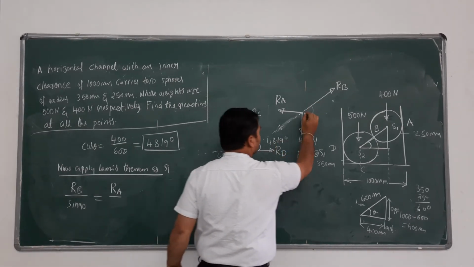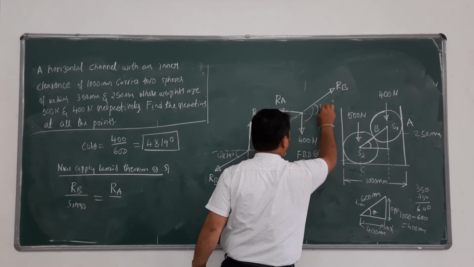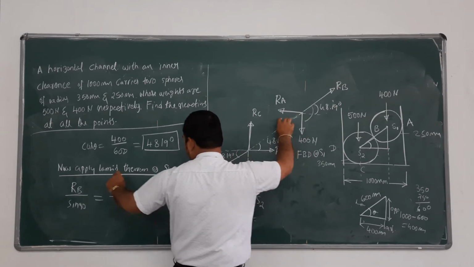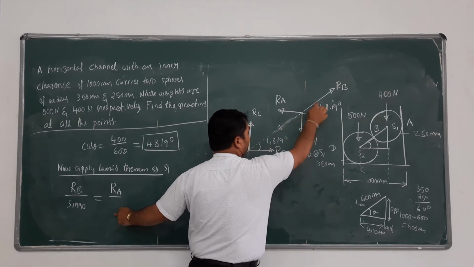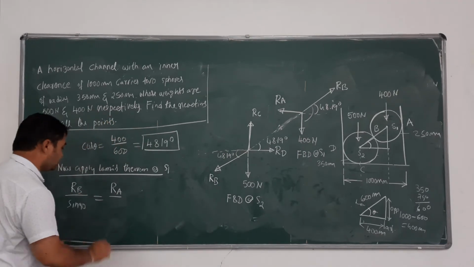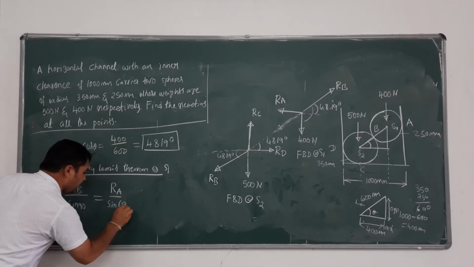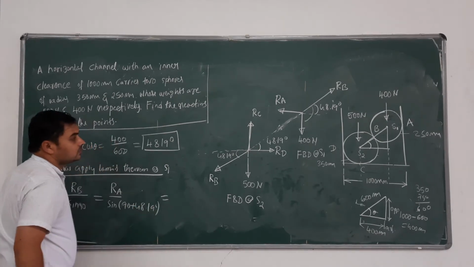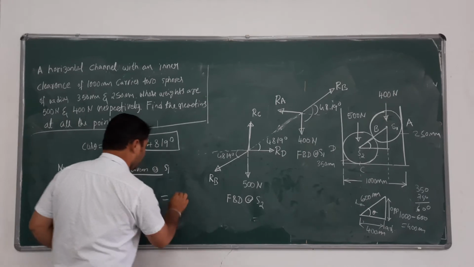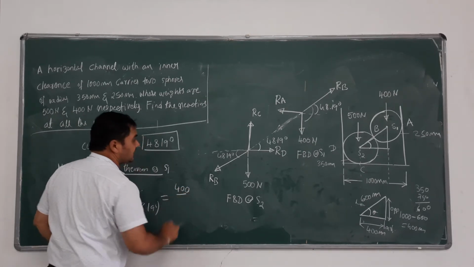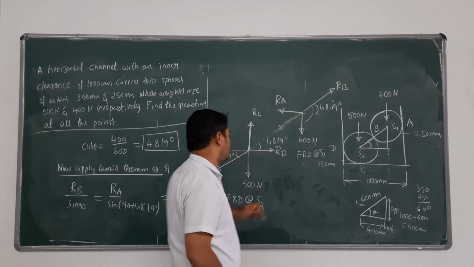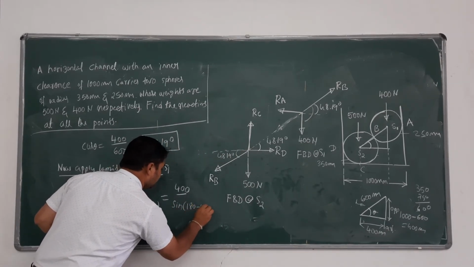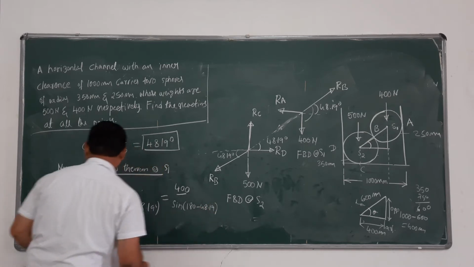Here it is 48.19 degrees, so that angle is 90 plus 48.19, sine of 90 plus 48.19 degrees, which is equal to 400 by the sine of the angle between the other two forces, that is sine of 180 minus 48.19 degrees.